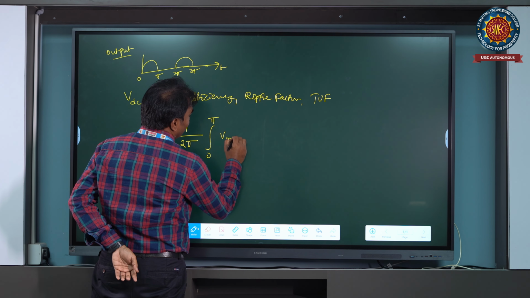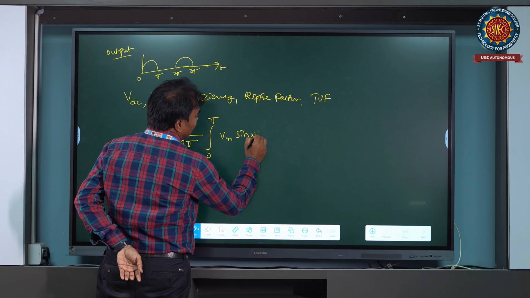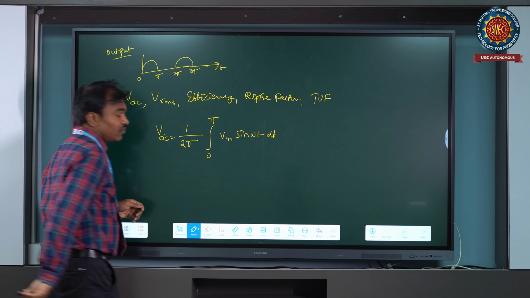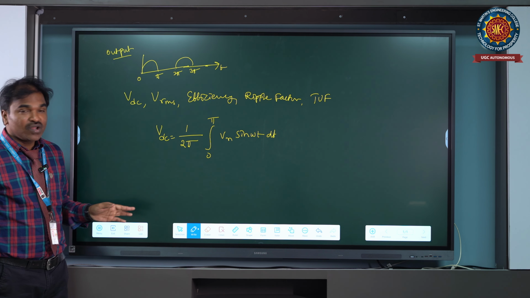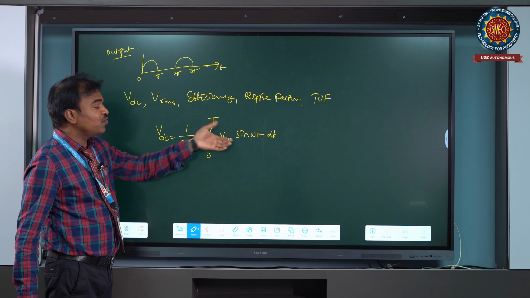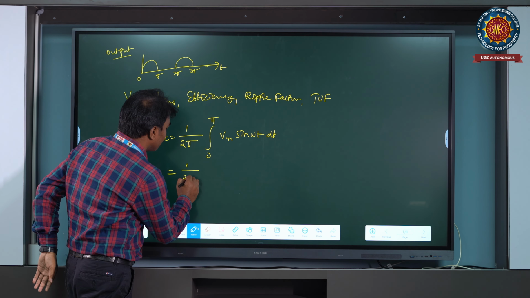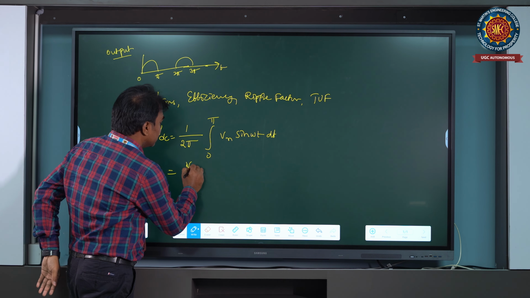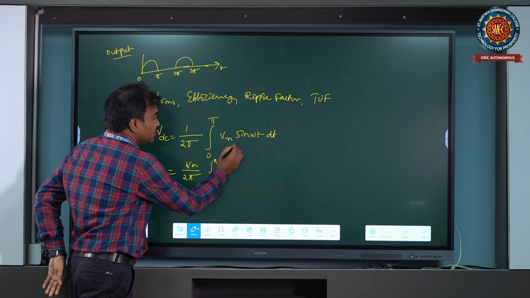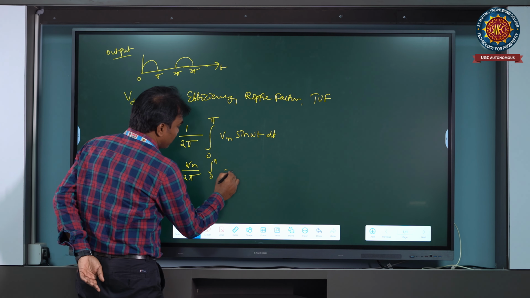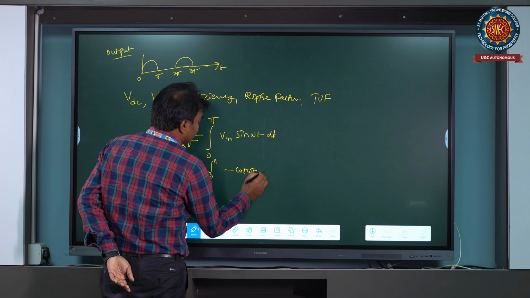Now from 0 to pi, Vm sin omega t dt. What is the final answer? After 2-3 steps, Vm comes to this side, with limits 0 to pi. The integral of sin omega t is minus cos omega t.